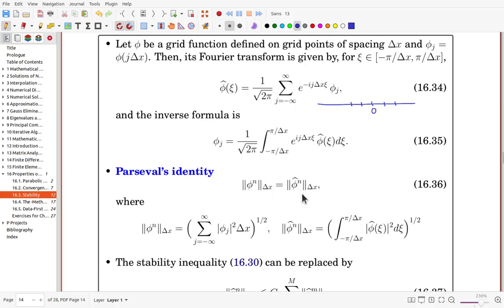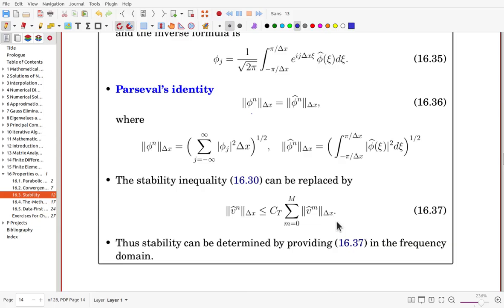These two quantities are the same, so that when we try to prove the stability, now we have to control this quantity. But rather than this one, we may try to control this quantity in the frequency domain, because the energy in the physical domain and in the frequency domain are the same, so we may consider this rather than that. So we can simplify the computation a lot along with this technique.